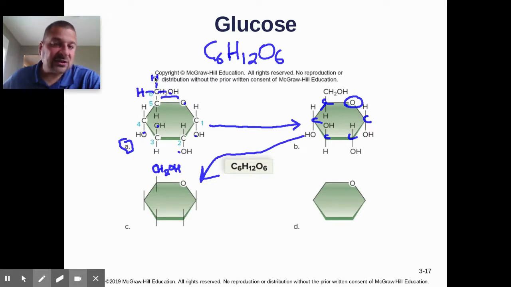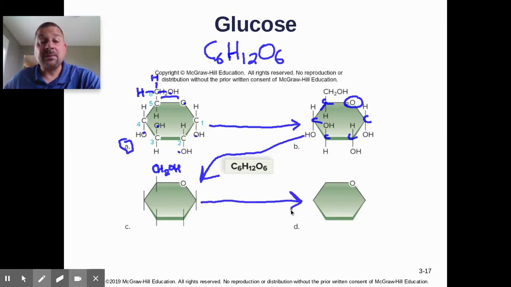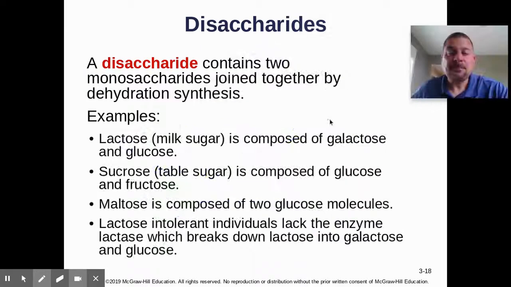That's where the CH2OH comes from. They're just condensing it so it takes up less space. So this is a much simplified version. And then sometimes you'll see even simpler, where you just have this hexagon with the O in the corner, and we should realize, oh, that's probably glucose or galactose or fructose.